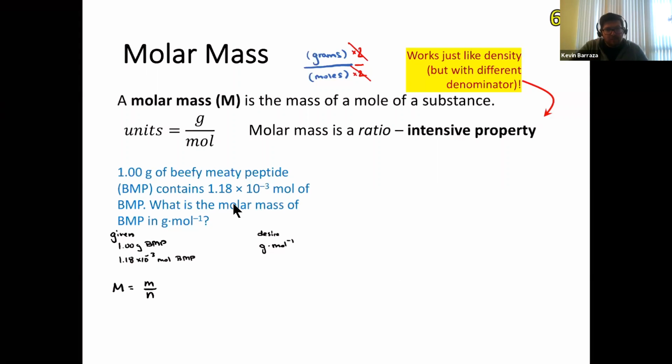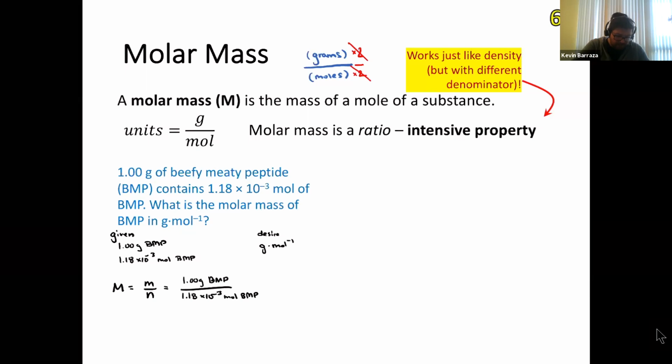Remember that in the gas chapter, we gave moles the letter n. It's going to be 1.00 grams of BMP divided by 1.18 times 10 to the minus 3 moles of BMP.